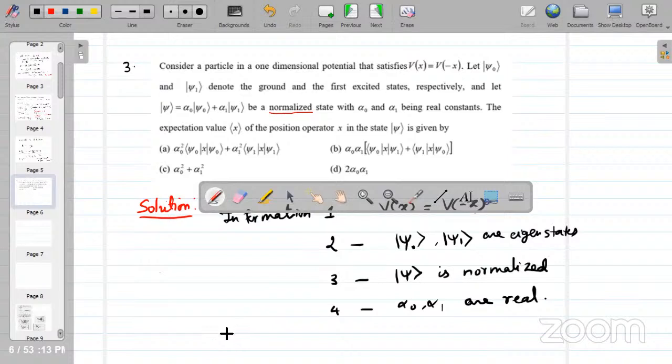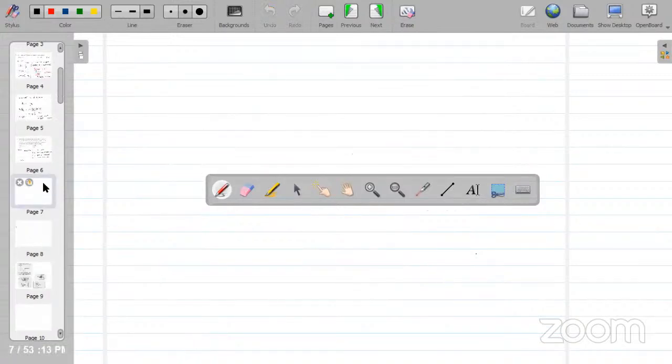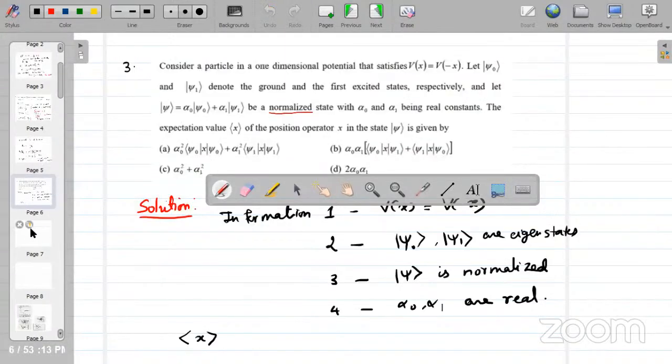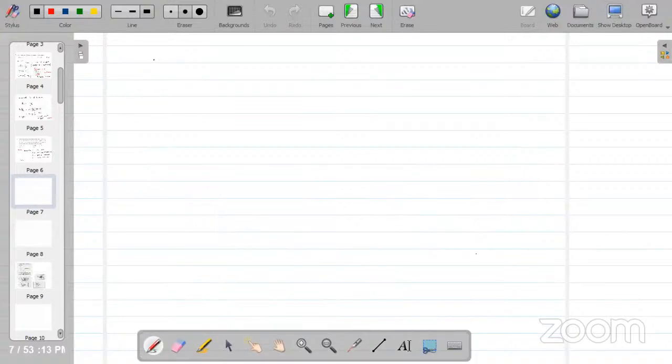Now they have asked us to find the expectation value of x, which is psi x psi.